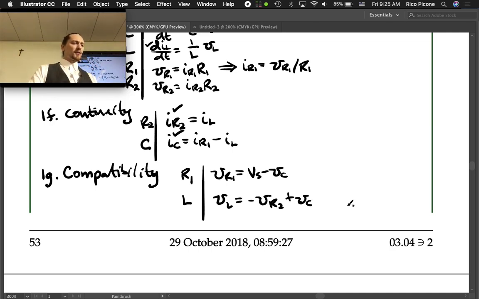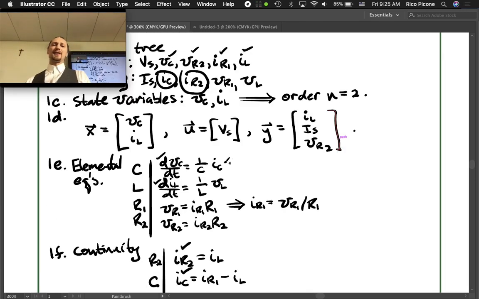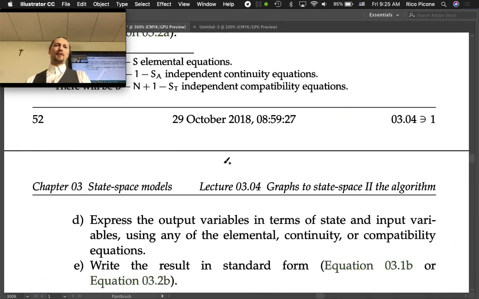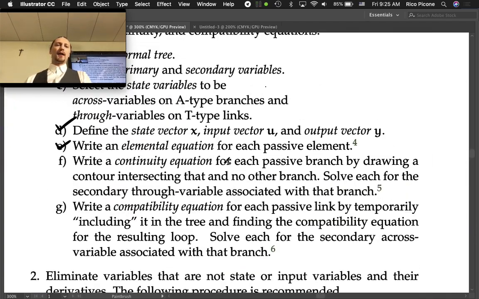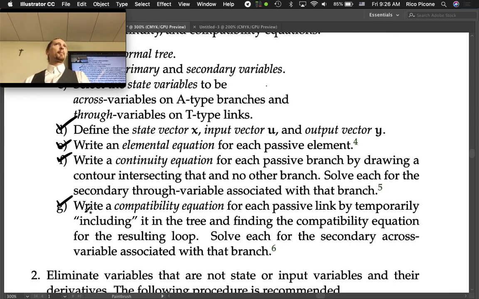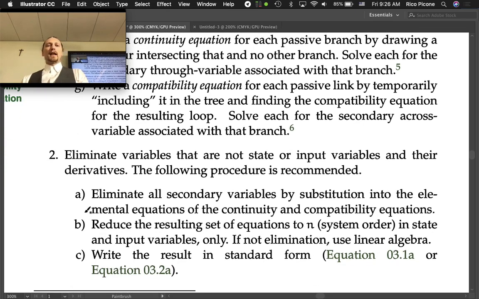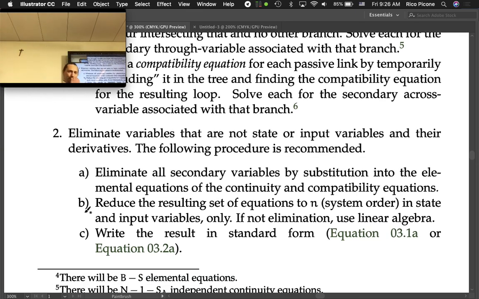Any questions so far? So step one is done, right? If we go back up here, we've got now the continuity and compatibility equations. So that just leaves part two, which is to eliminate variables that are not state or input variables and their derivatives.